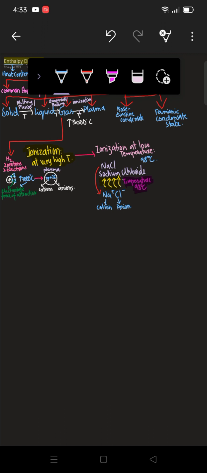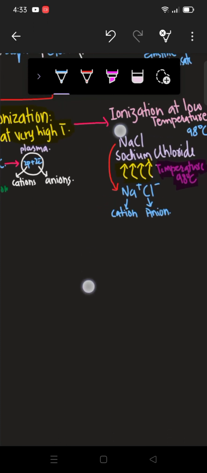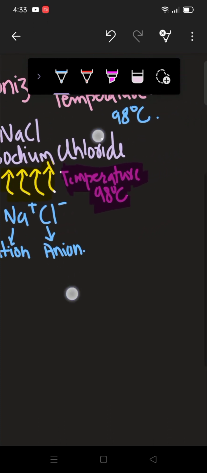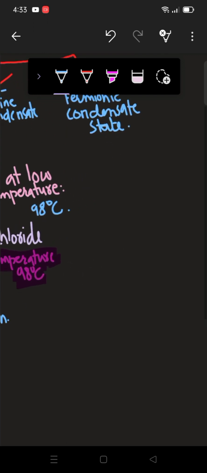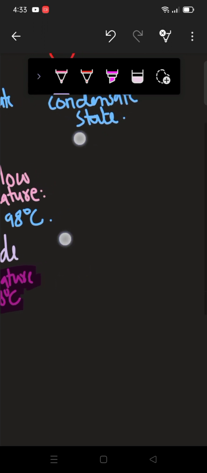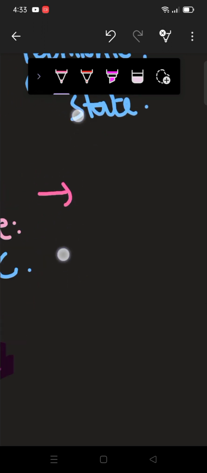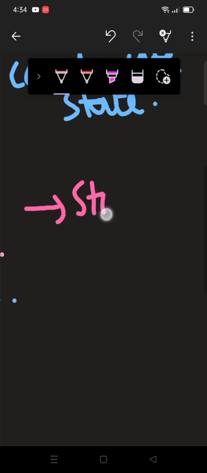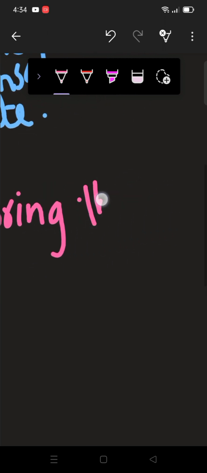Now let's see, if we are doing ionization at low temperature, there is a storing of heat in the compound as well. All right. For example, wait, let me write here. You know what?